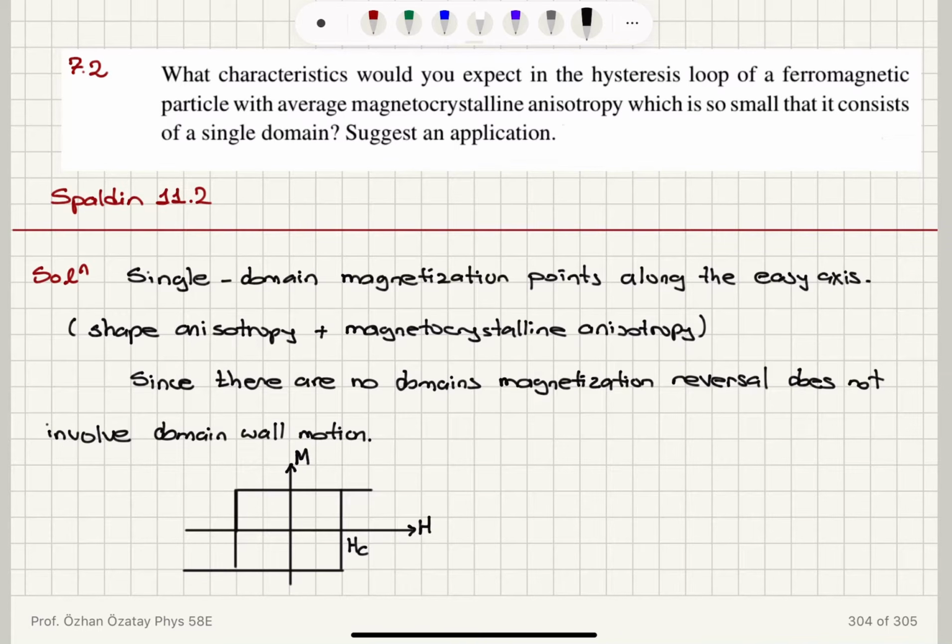Okay, so we will have the rotation of the single domain magnetization. So we can only have two scenarios, reversible or irreversible rotation.